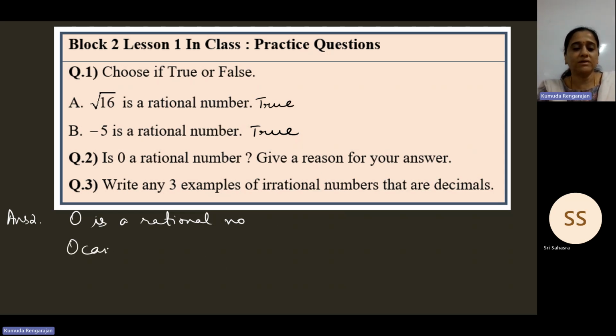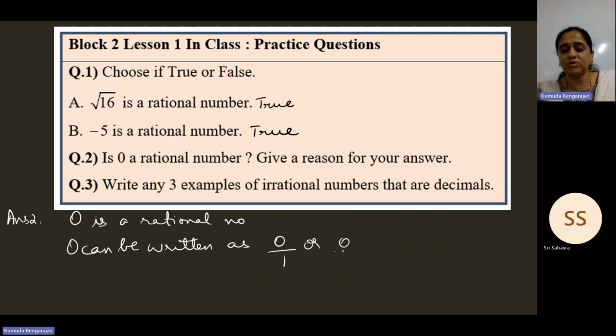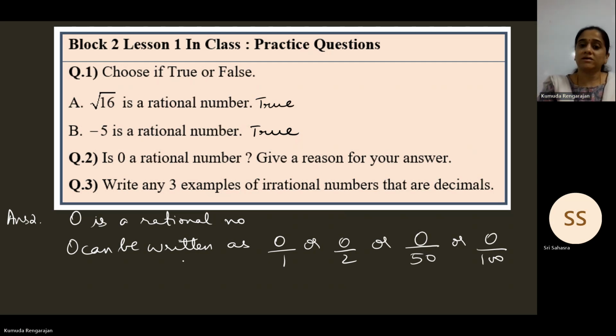0 can be written as 0 by 1 or 0 by 2 or 0 by 50 or 0 by 100. Yeah, because 0 divided by 1 is 0 only, no? 0 by 2 is 0. 0 by 50 is 0. 0 by 100 is 0.